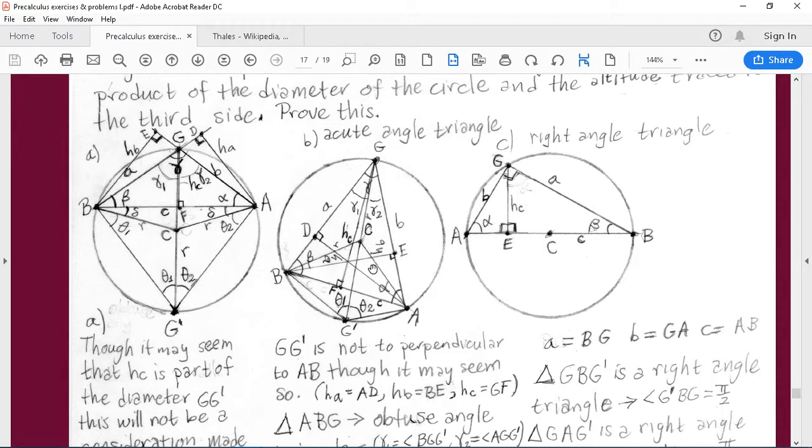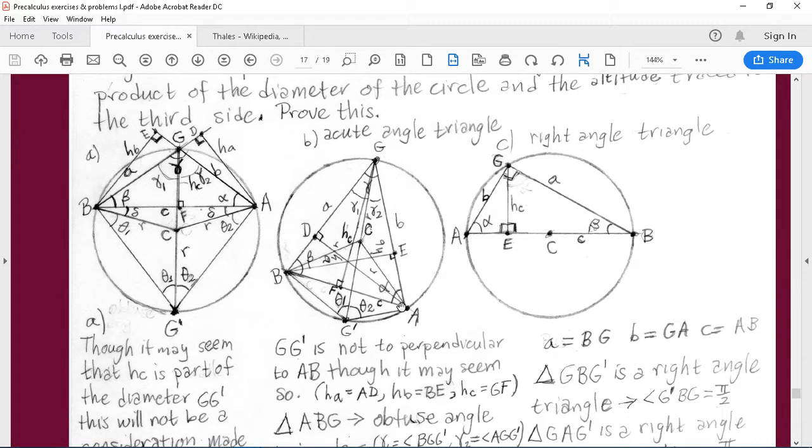We also had that for triangles BGF and BDA, sine of beta was equal to HC over A, and also equal to HA over C, lowercase c.